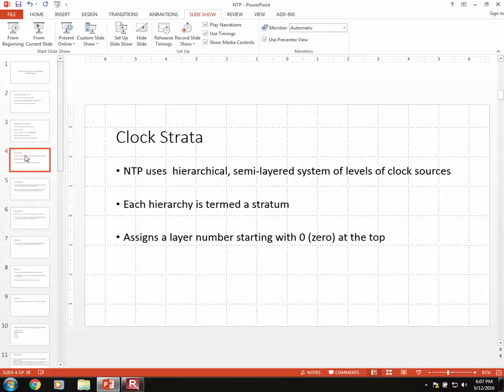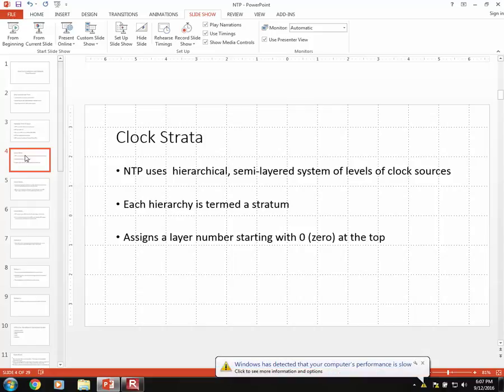NTP uses basically a hierarchical system called a clock strata. Different devices that are using NTP are in different parts of the strata. Basically, it's a hierarchical, semi-layered system of levels of clock sources. It's very similar to a root directory structure.